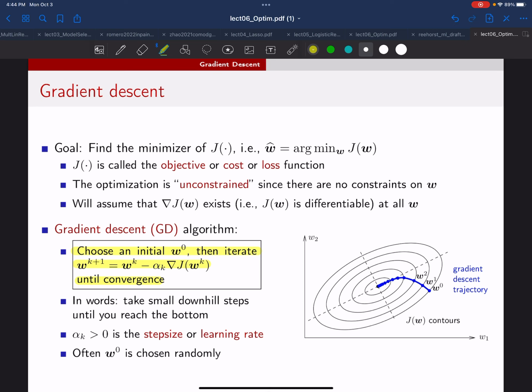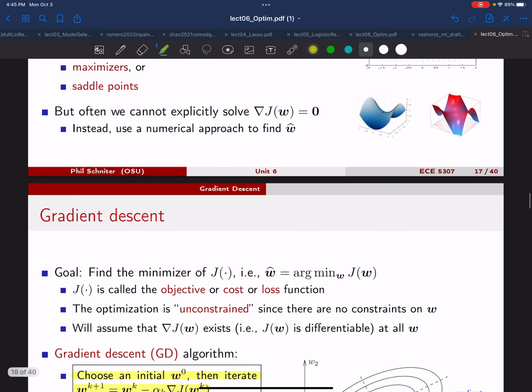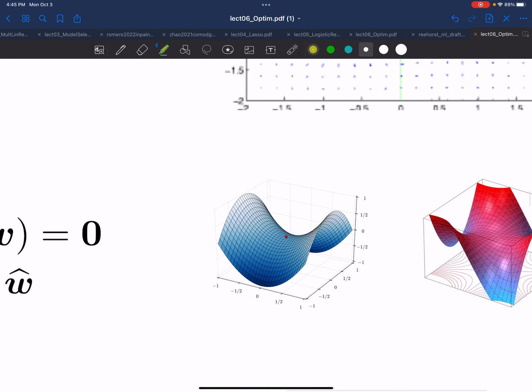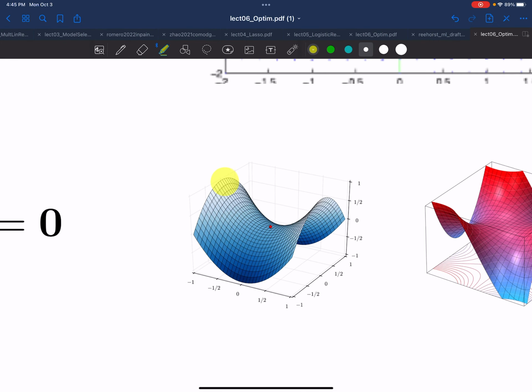So how is it better than finding a saddle point? It's possible to find a saddle point this way. Let me show you an example. Imagine that I started exactly on the line that takes me right down, and then I would basically get stuck there, if I was coming exactly on that side.